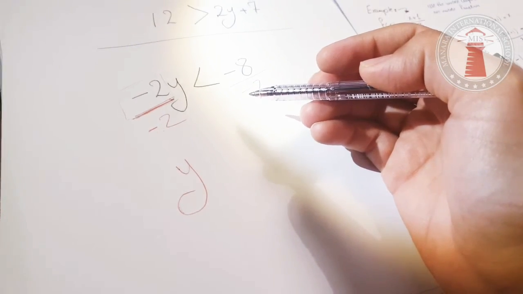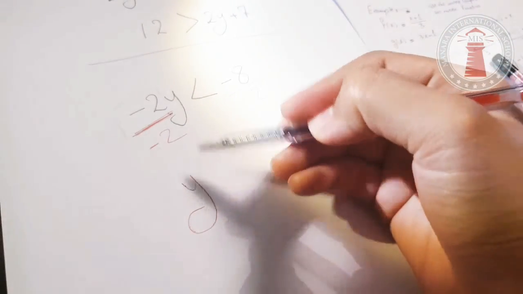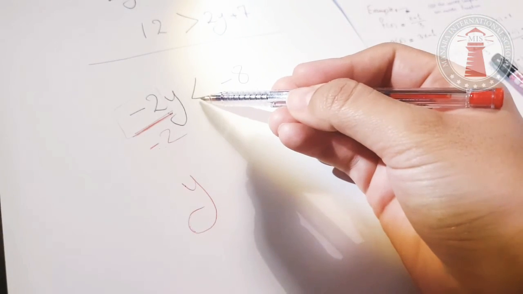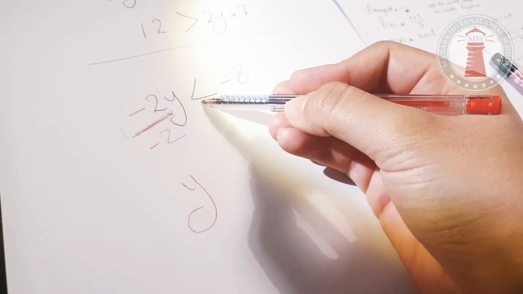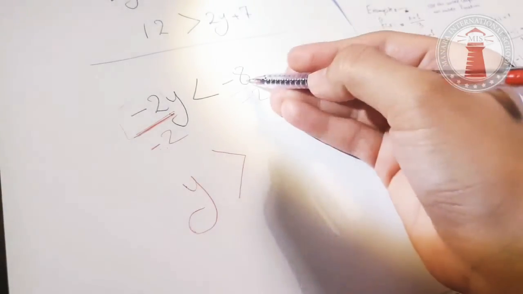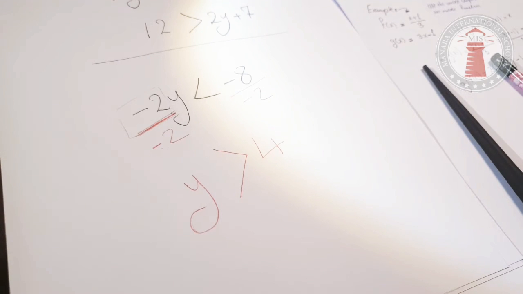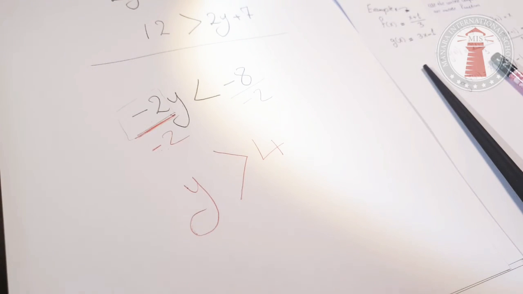We're only talking about multiplying or dividing by a negative number. Here we divided by a negative number, so the less than sign becomes greater than 4. So this is the other case that we're going to use to solve these inequalities.